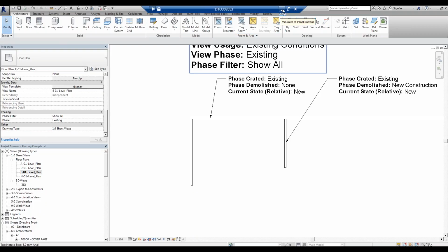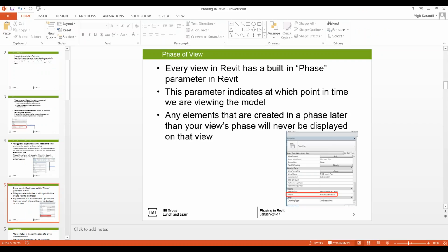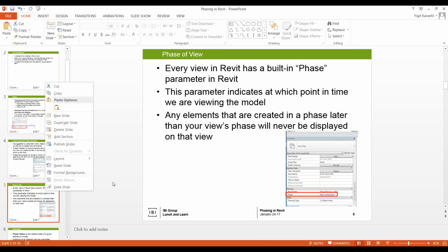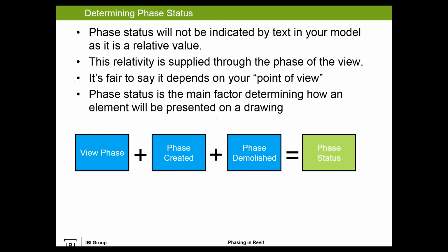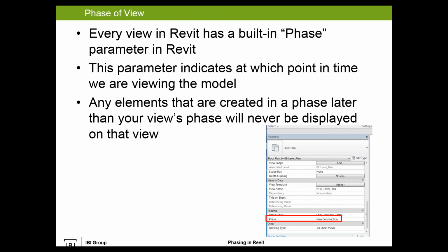You might not be using them, and that's fine. We're going to be utilizing them whenever we have a project that requires either demolition and some reconstruction, or if we're doing some existing stuff, or if the project requires some phases by itself. Right, so that's another factor that affects the state of our items.